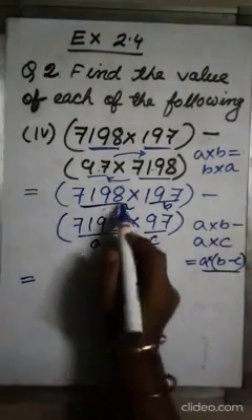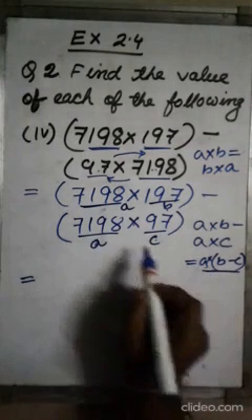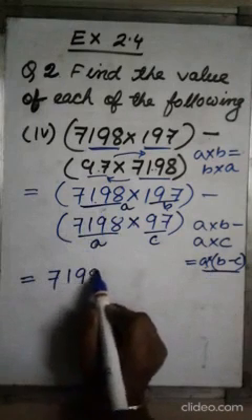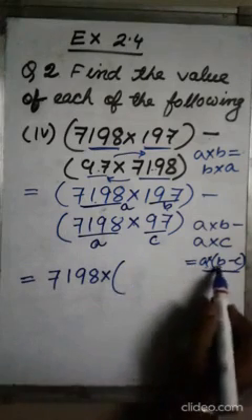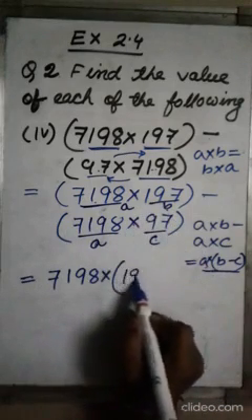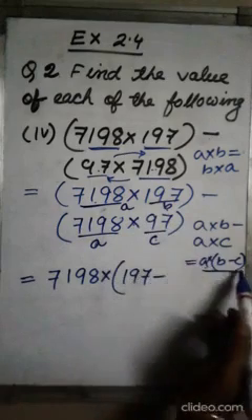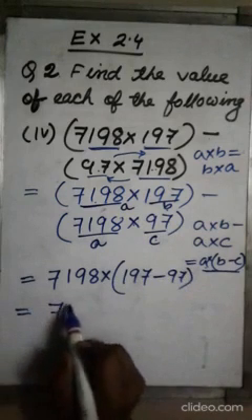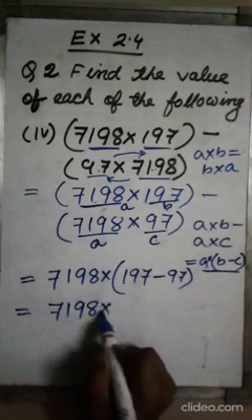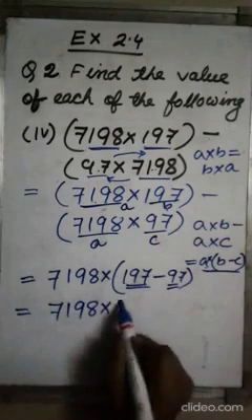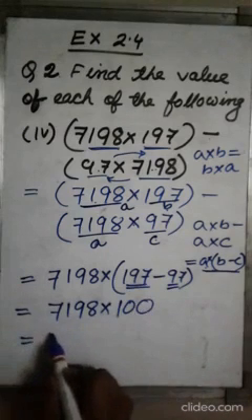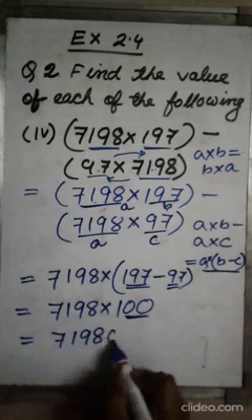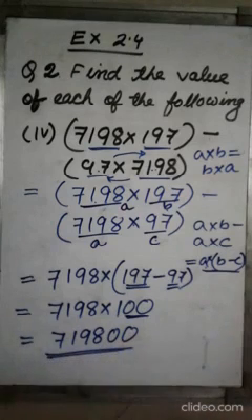Therefore, for this A, I can write 7198 into B is 197 minus C is 97, equal to 7198 into 197 minus 97 is 100. So it is equal to 7198, and two zeros I will be adding at the last.